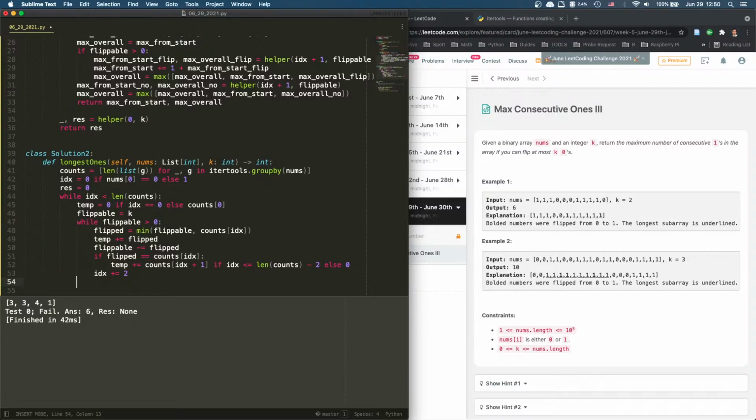The left is here, and right is here. If we can fill, we fill as much as we can, and then if we have leftover, we go to the next one, right? And if we have leftover again, we go to the next one.